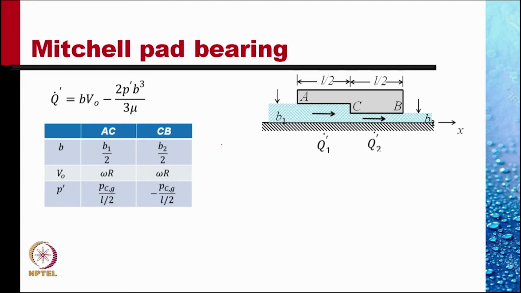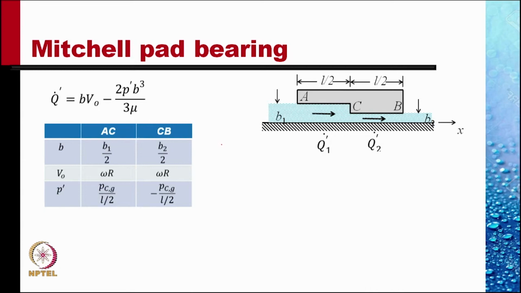P prime, the pressure gradient in the first part is PC gauge divided by L by 2. The pressure changes from 0 to PC gauge in the length L by 2. For the conditions of Couette flow, this pressure gradient is independent of the x variable.